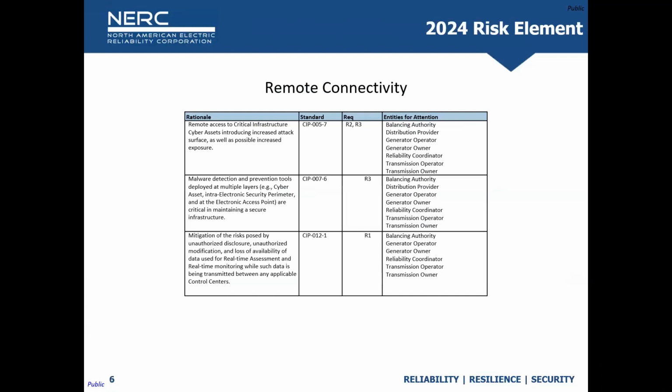Some concerns and focus areas include exploitation that occurs directly against equipment used to monitor, protect, and control the BPS or against externally connected support systems, reviewing and updating more crucial procedures concerning remote access, and ensuring that plans are up to date that mitigate the risk posed by unauthorized disclosure and unauthorized modification of real-time assessment and real-time monitoring data.